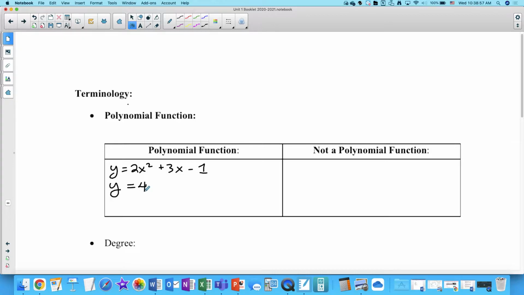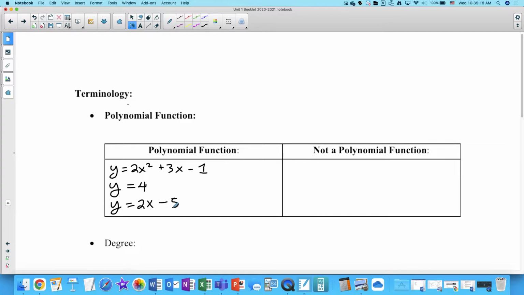Yeah? Y equals 2x minus 5. Yes, y equals 2x minus 5. Okay, anything else? Yep. Y equals x minus 3.